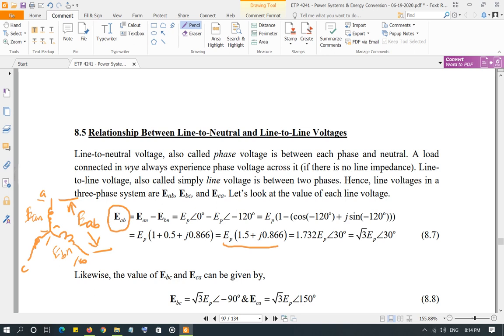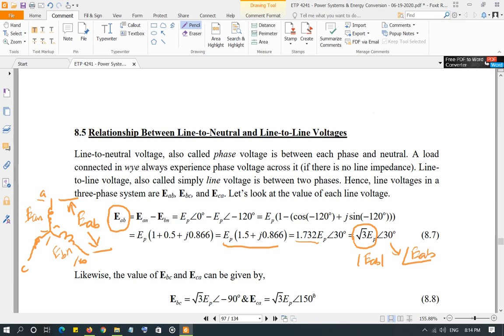And when you convert this back into polar form, you're going to get 1.732 E peak angle 30 degrees. So the magnitude of EAB is square root of 3 times the peak value of the voltage, and the phase of EAB is 30 degrees, right?